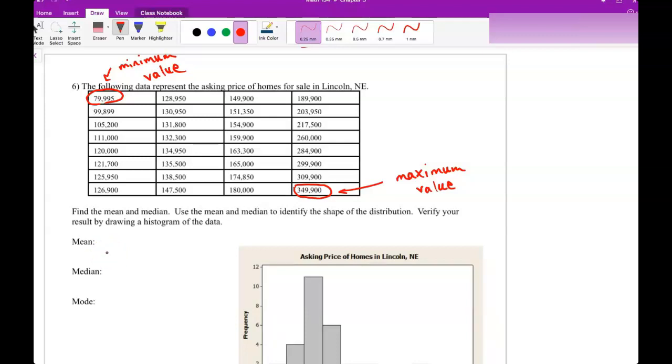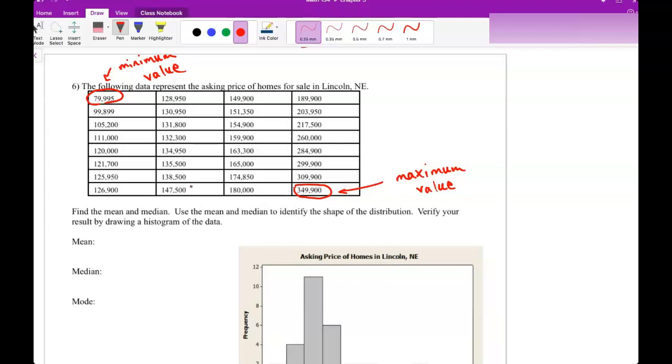So first, for the mean, you need to add all these numbers, or you can use a calculator. Stat, then exactly what I did in example number 3. So press stat, then enter data in the first column L1.